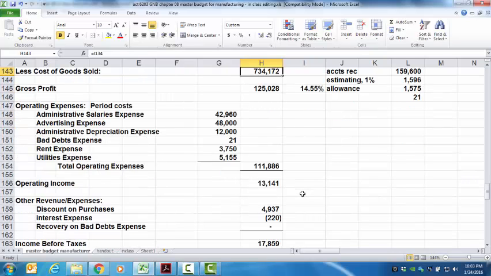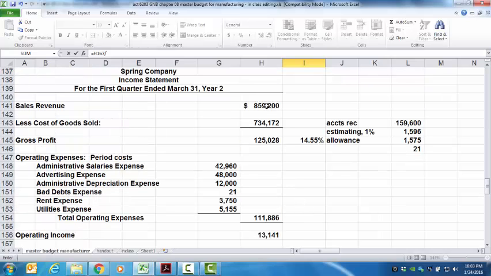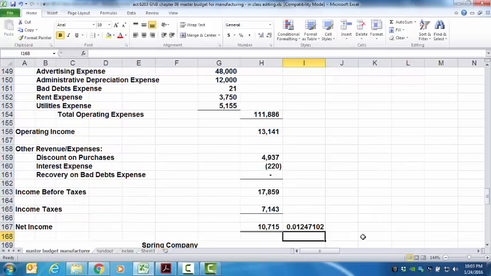Now let's go down a little bit further. Let's see the bottom line, your overall return. I'll take that $10,000 and I'm going to divide it by, again, the sales revenue. And this bottom line says that this company earned about 1.25%. For every dollar it sold, once we've considered every single expense, you have $1.25 left over. That is not a good return.